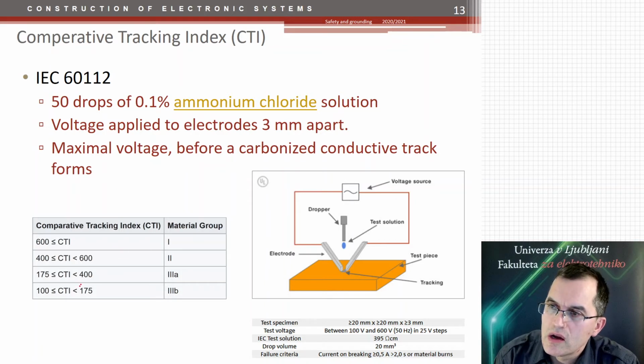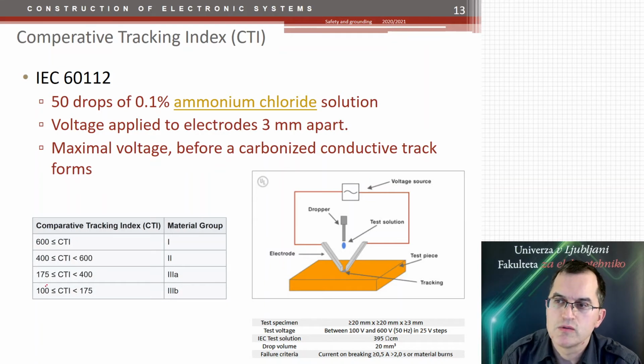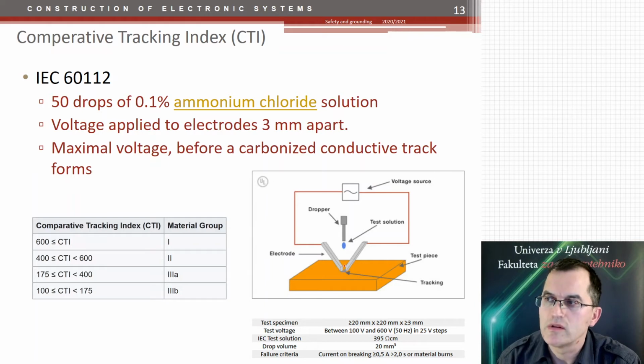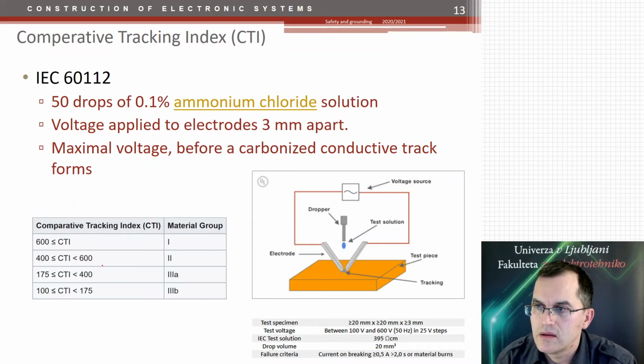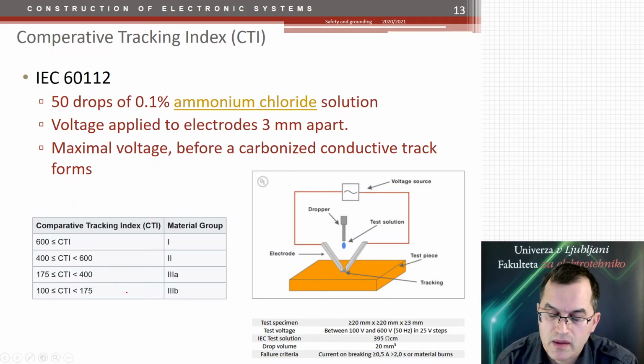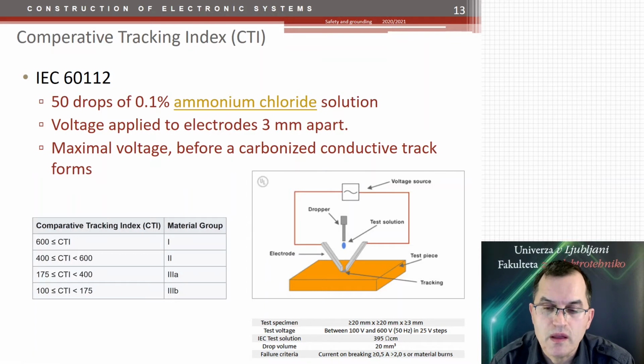So you have the comparative tracking index, or CTI. These are the limits and the material group categories. The lowest limit would be below 175. That's the other one, and so on. The best materials have a CTI above 600. That means that the breakdown occurs at 600 volts or more. And the producers of the material have to define and measure these CTIs so that you can use them.